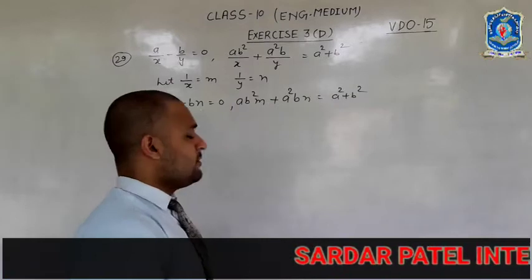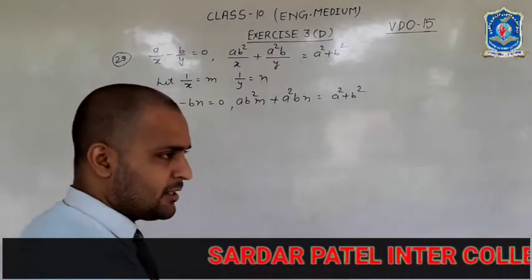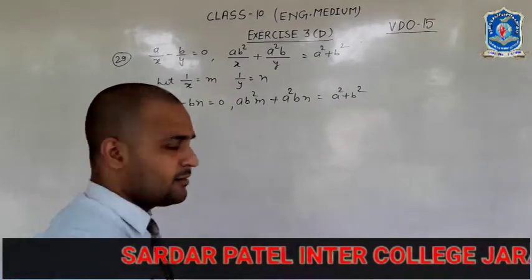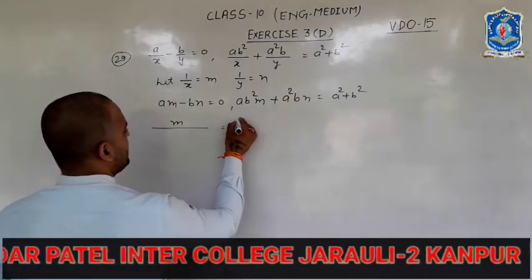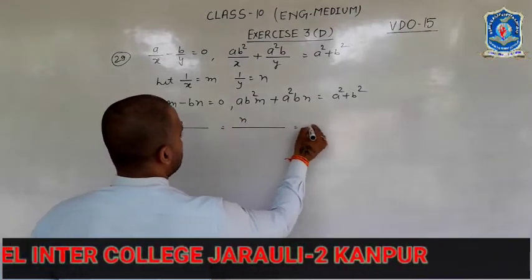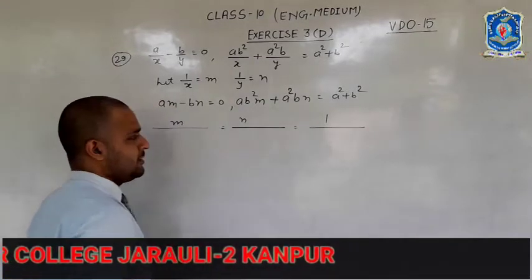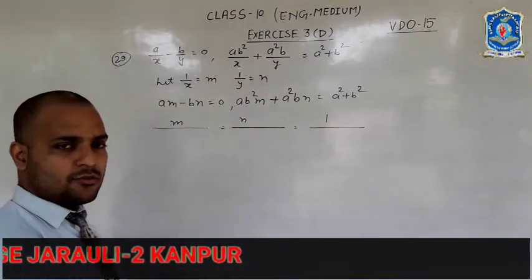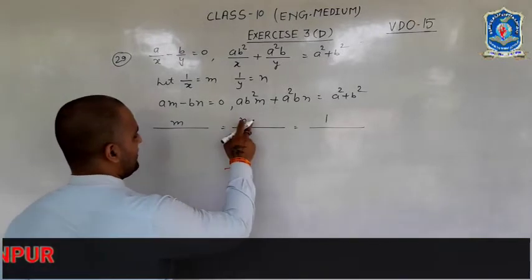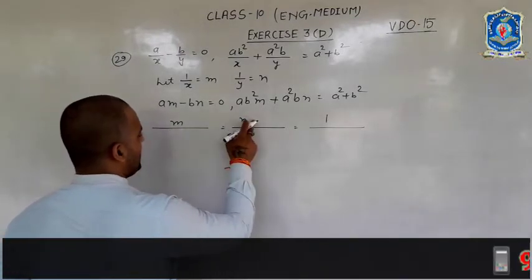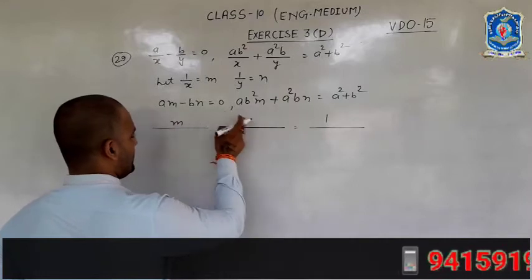Now we apply the cross multiplication method for m and n. So that will be m upon, n upon, 1 upon. Because here we have m and n, we are solving for m and n. So here x and y are not present, there are m and n.